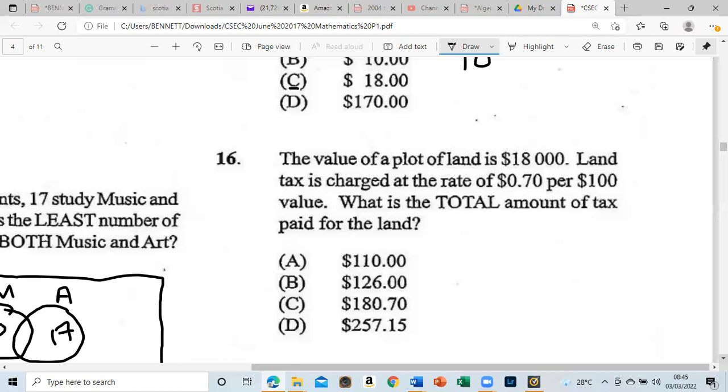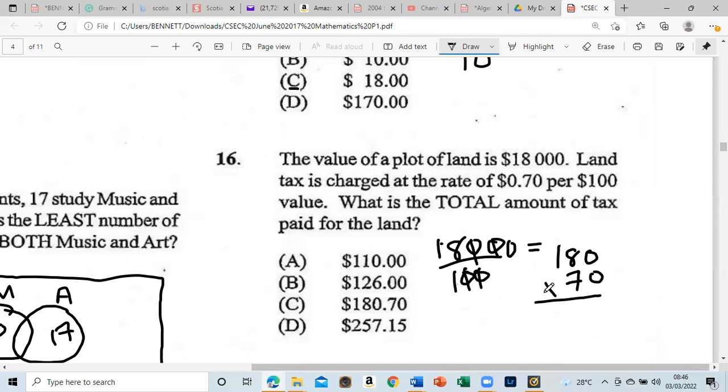Rather easy. All right, so let's divide. 18,000 divided by 100. So that's 80. No, 180, because of one extra zero, yeah, 18,000, sorry. So that's 180 times 70.